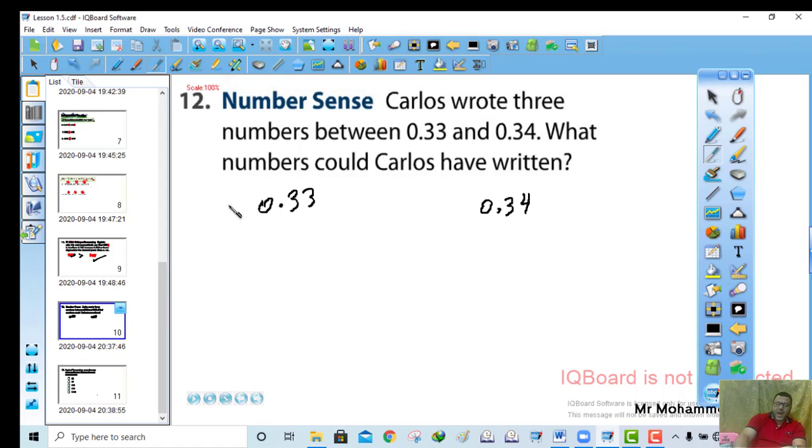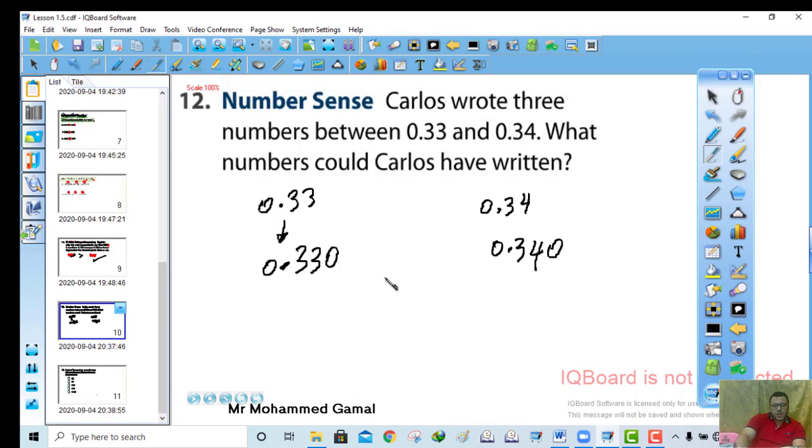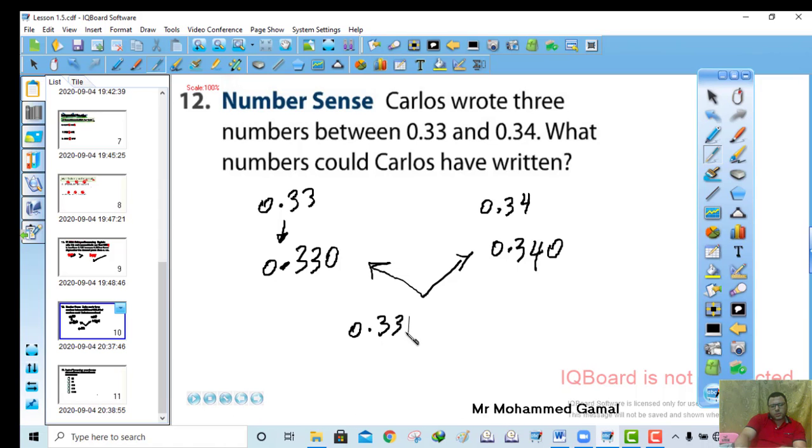No, actually we can make this one 0.330, and here 0.340. So in between now we can write many numbers, like 0.331, another one 0.332, 0.333, 0.334, and so on. There are many answers for this.